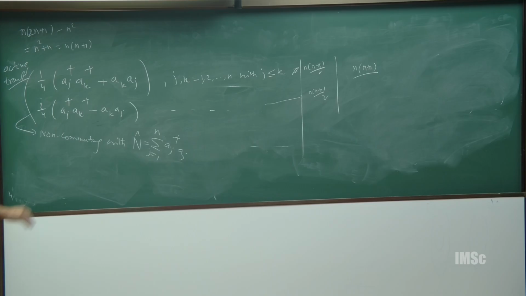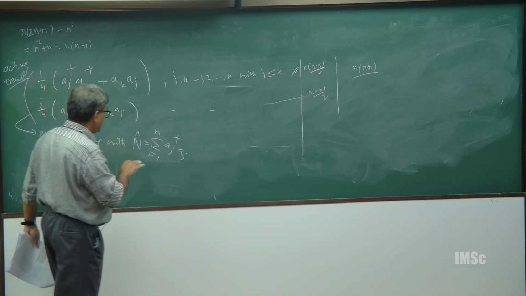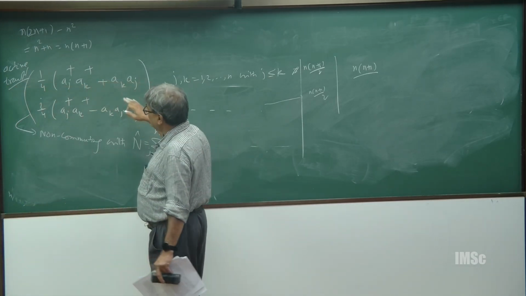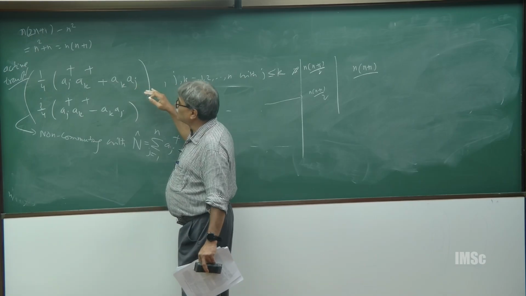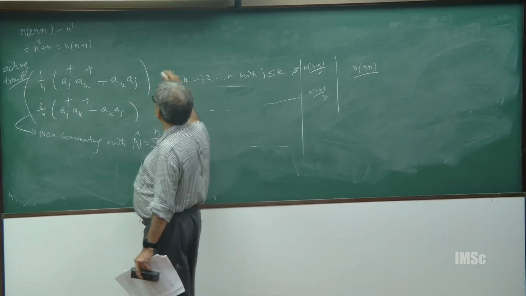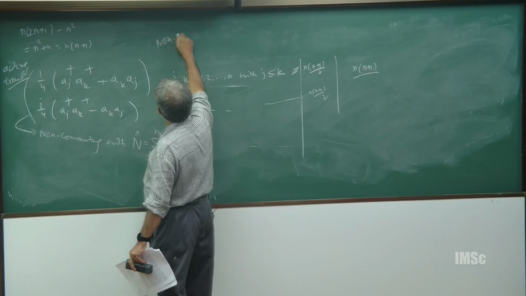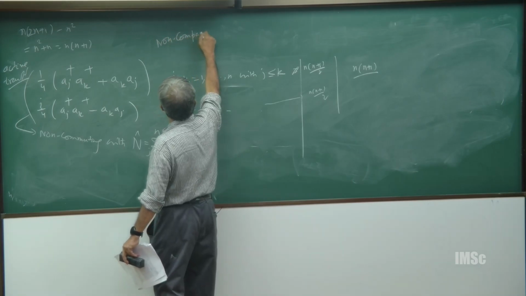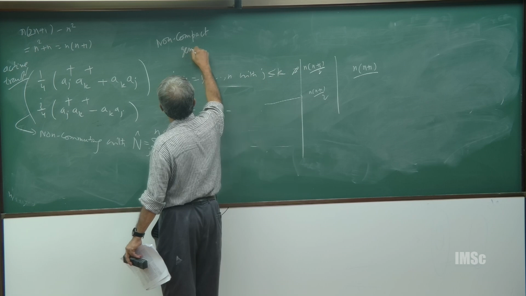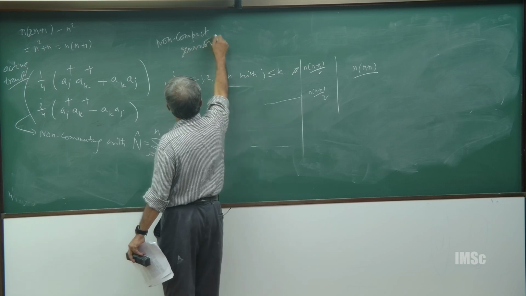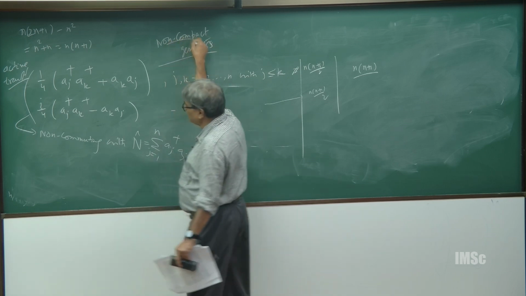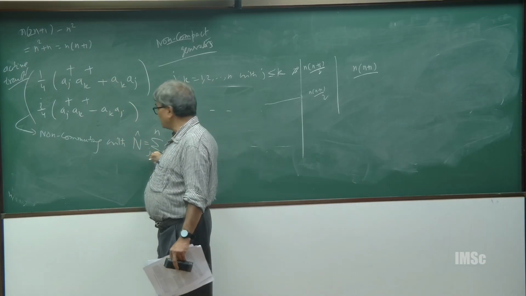So, these are the transformations corresponding to, and this will correspond to a non-compact group, okay, the non-compact generators. In fact, you can also figure out from the fact that none of them will commute with n.